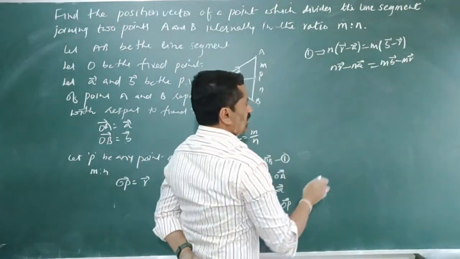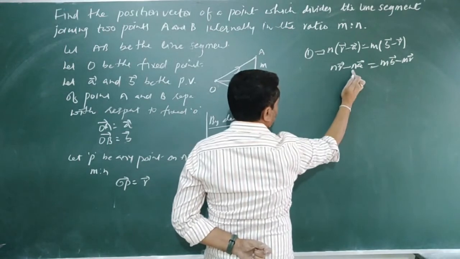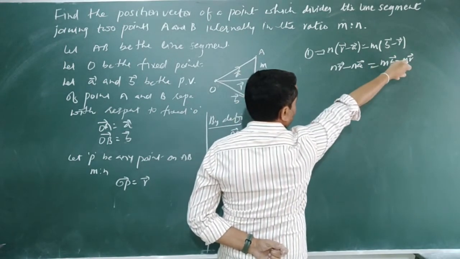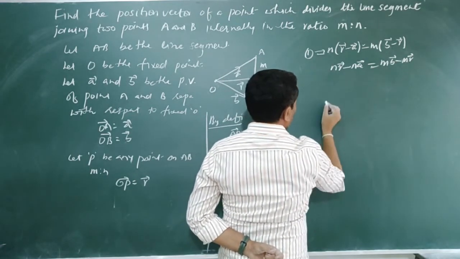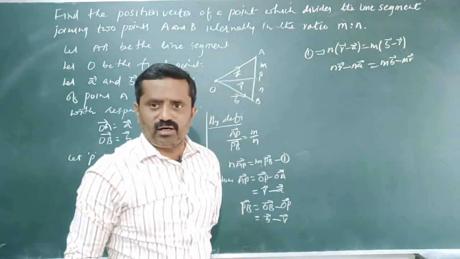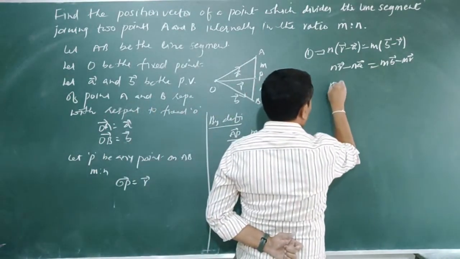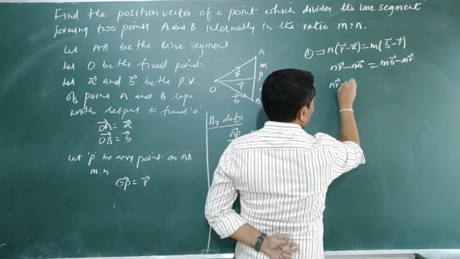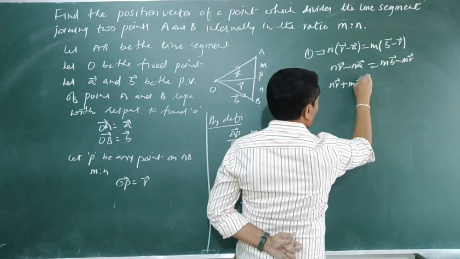So now bring m R bar to LHS and n A bar to RHS. Therefore try to make all the terms positive. Okay, therefore n into R bar, so minus m into R bar becomes plus m into R bar.